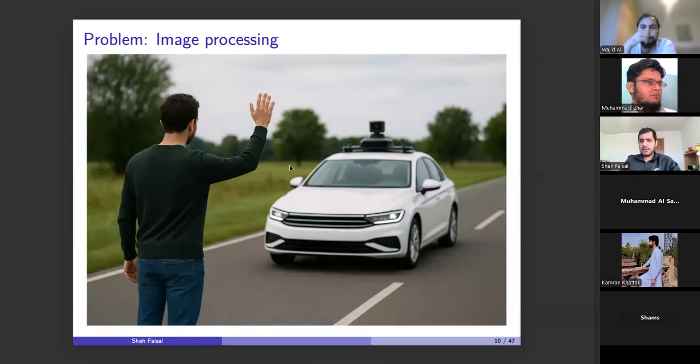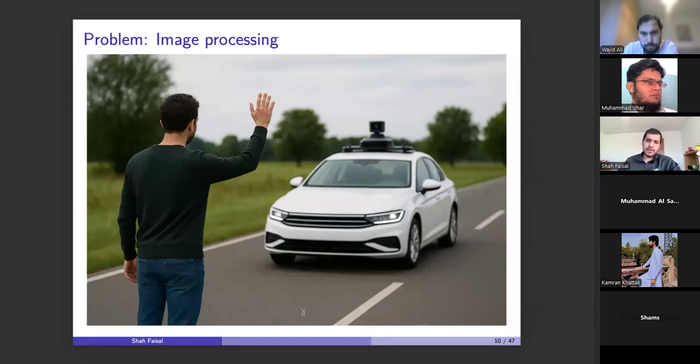In the modern age, you have seen that there are self-driving cars, and one of the basic principles of these cars is that they have some kind of camera system that captures the surroundings and then sends it to a processor, and the processor extracts information out of it, and then the car responds accordingly.